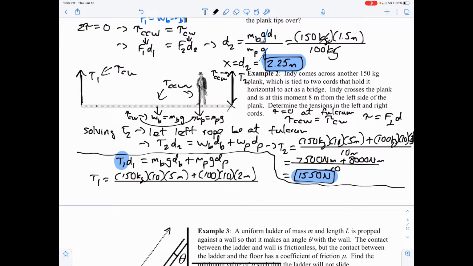Divided by the left end of the board, which is 10 meters away from that fulcrum right there. And we have 7,500 Newton meters plus 2,000 Newton meters. Divide that by 10, and we get approximately 950 newtons.